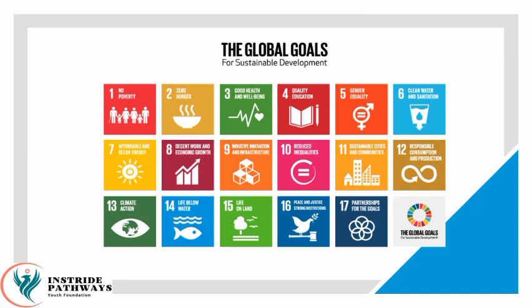And this tells us that all these 17 Sustainable Development Goals are dependent on each other. You cannot achieve one without the help of the other. They are all depending on each other. So in as much as we are going to be focusing on goal number 3, which is good health and well-being, we also want to look at other goals, because you cannot achieve good health and well-being, like I said earlier, without every one of the 17 goals.